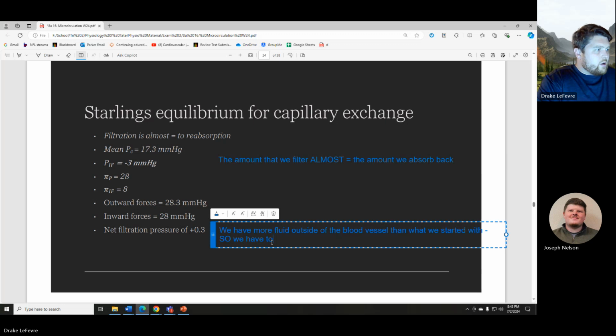So we have to have a way to get that fluid back into the system. And we do that through our lymph vessels.